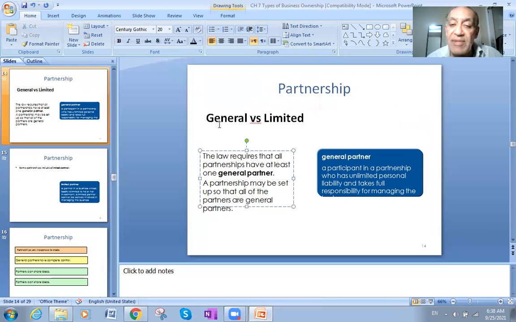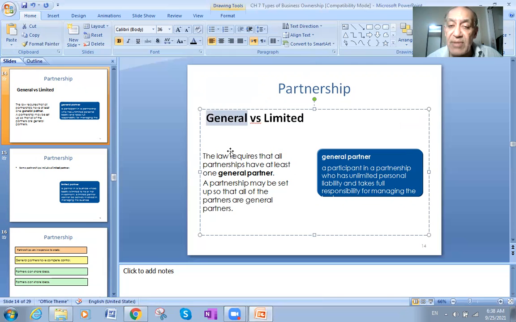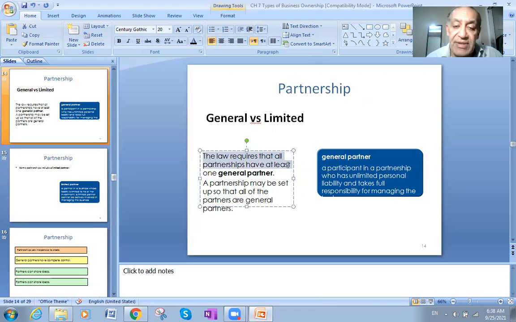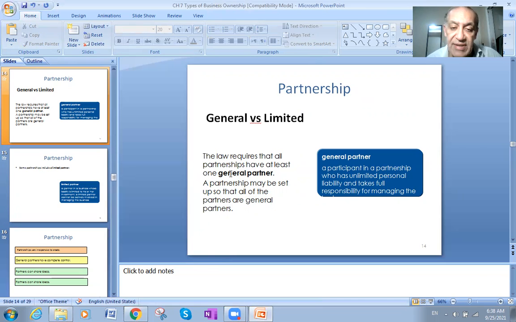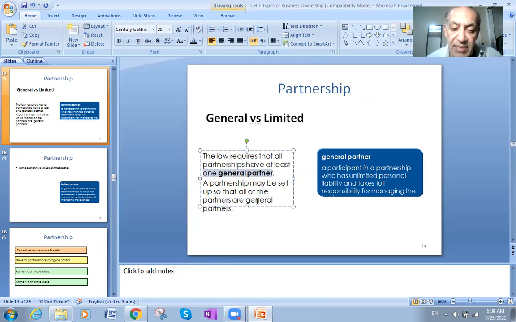We have general partnership and we have limited partnership. The law requires that all partnerships have at least one general partner.